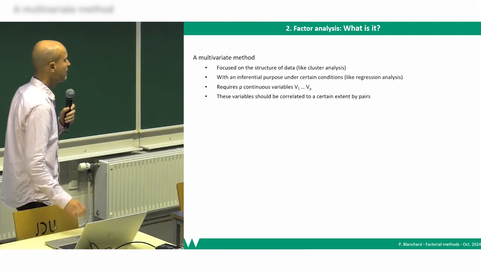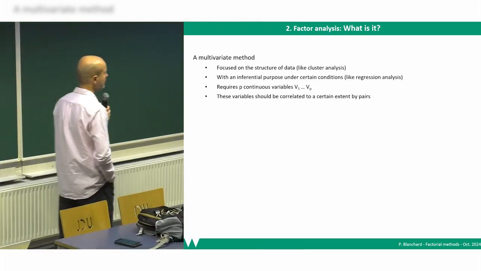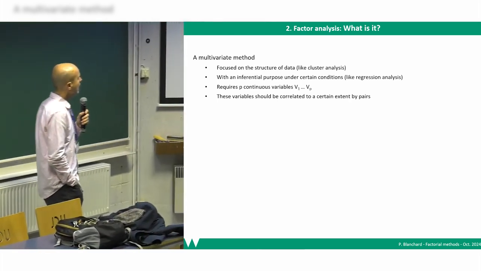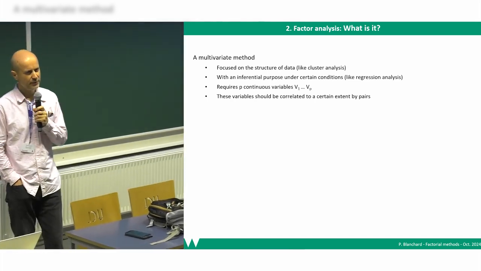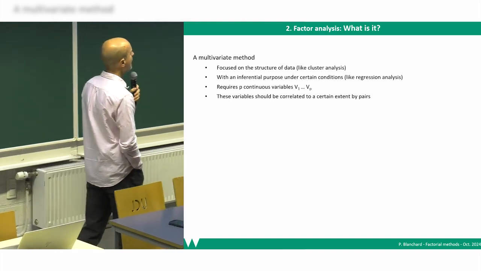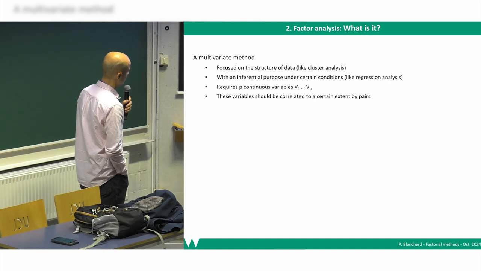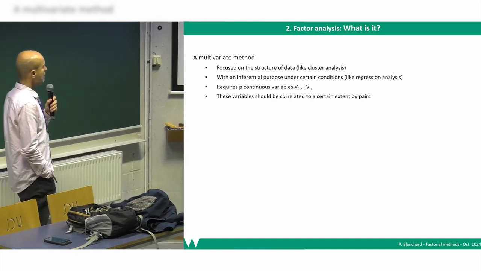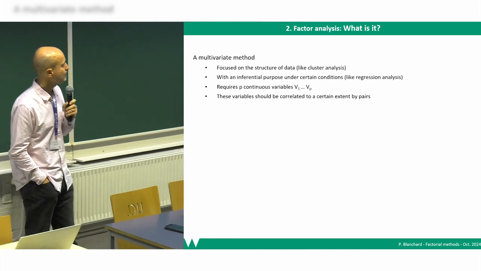It is a multivariate method, okay? The social word is multivariate, multi-causal. Focused on the structure of data, a bit like cluster analysis. If you've done that before, then the move would not be too big to make. Inferential purpose under certain conditions. Requires P continuous variables, okay?